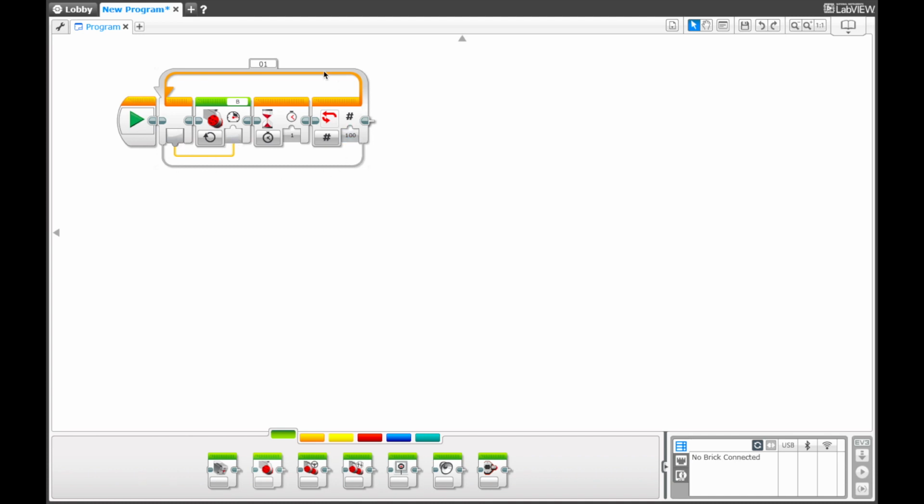So the first time, in the first second, this will give a power of 0. The second time around it will give a power of 1.